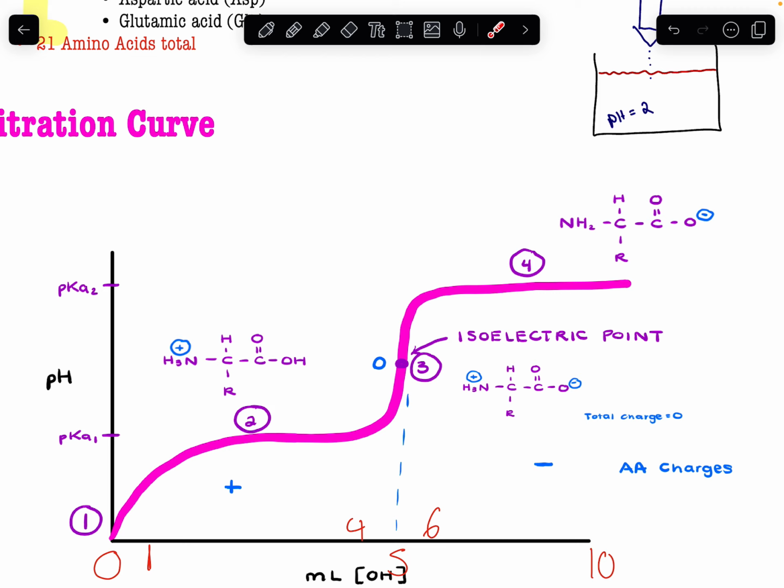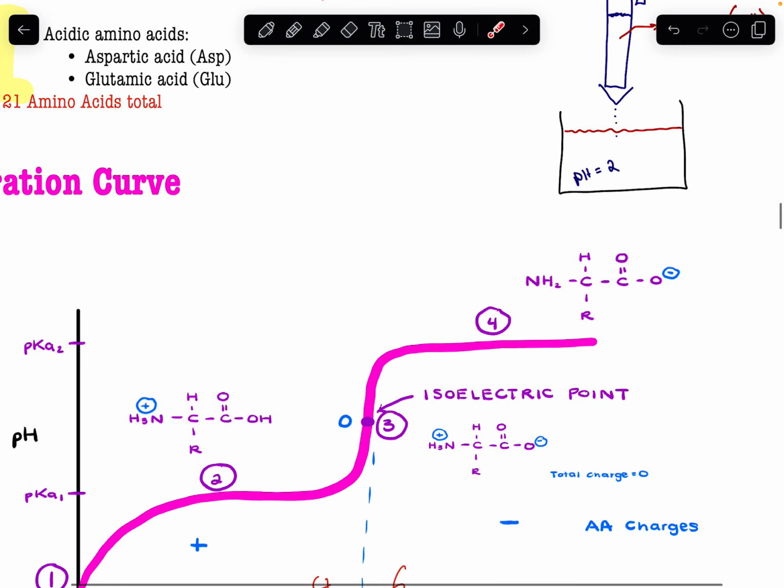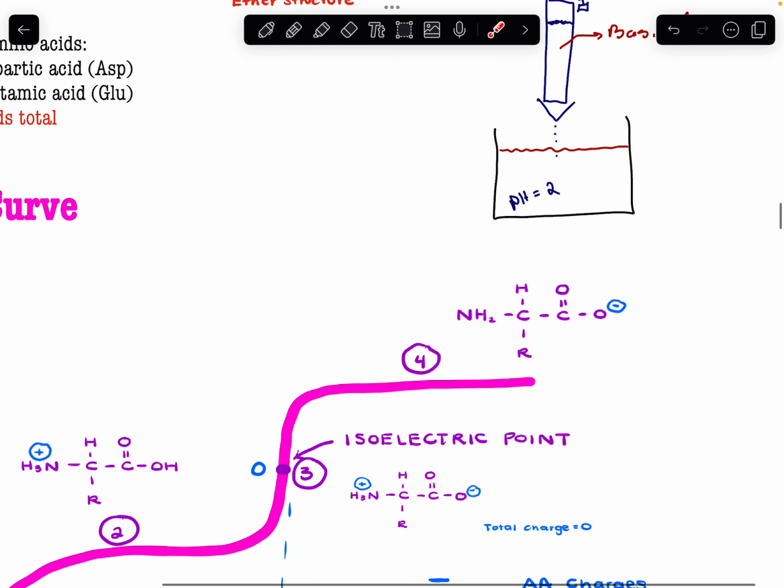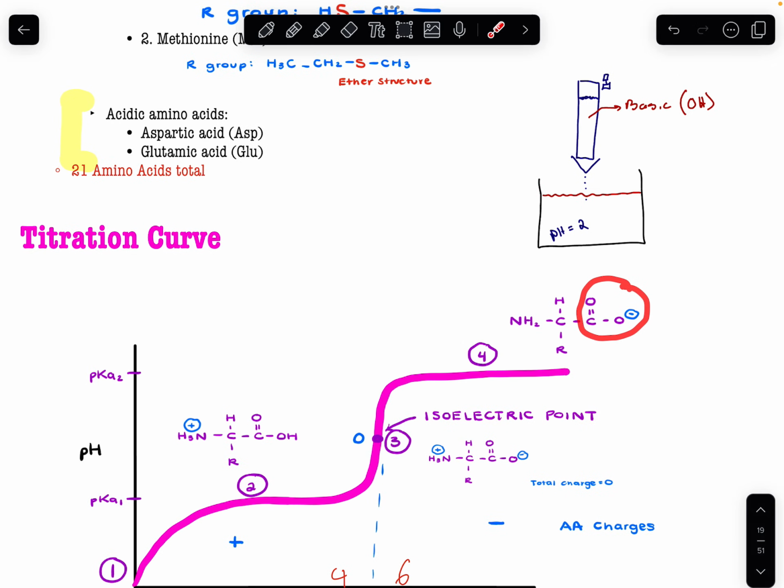We shoot up to the isoelectric point, we lose that hydrogen, we get that negative charge back on our carboxylic acid group, we still have that positive charge on our amine group, and then as we add more base, one of the hydrogens off this nitrogen right here is going to shoot off once again. So what that's going to result in is a neutral amine group, but we're still going to have that negative charge on our carboxylic acid group.